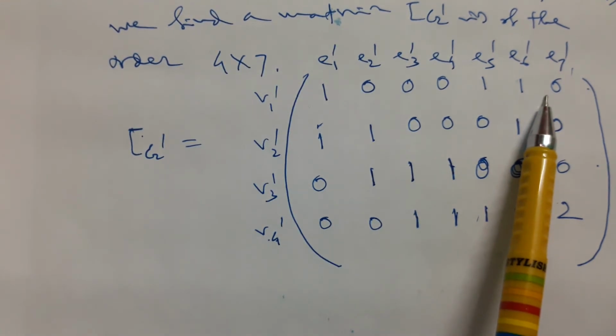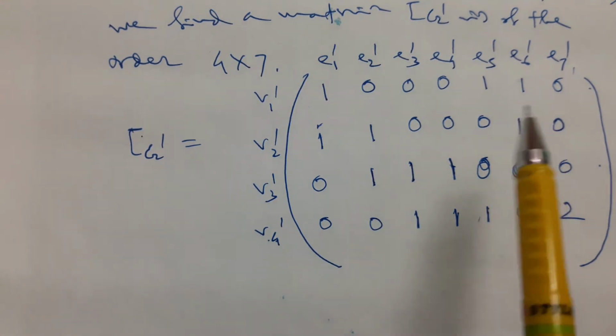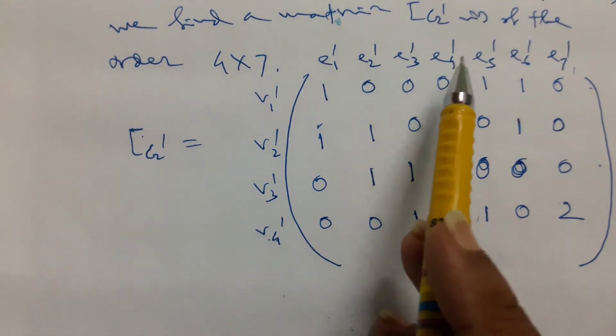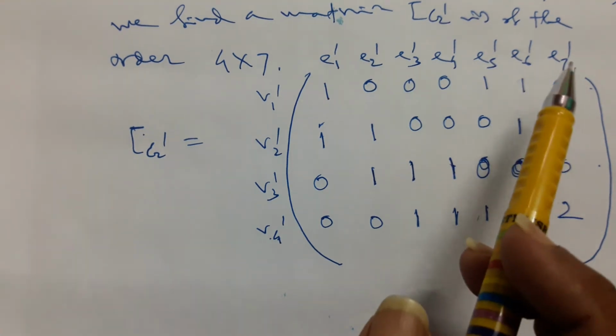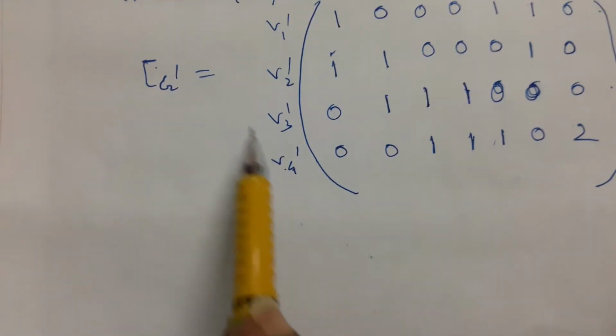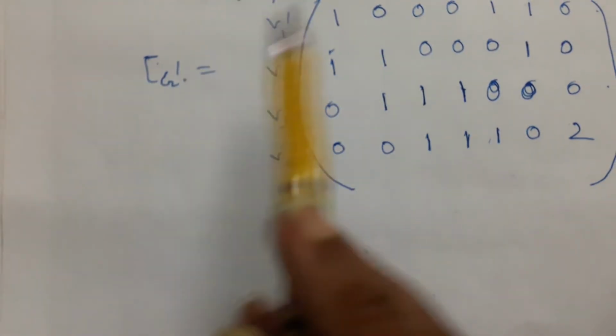So order should be maintained for constructing any incidence matrix, whatever the order may be as per choice, but it should be maintained consistently.